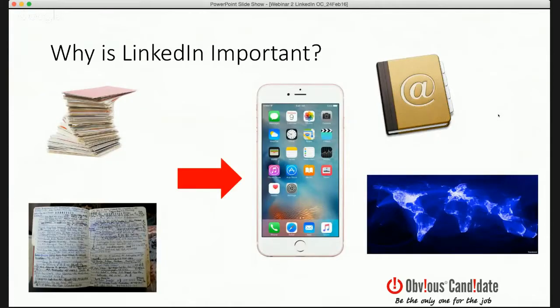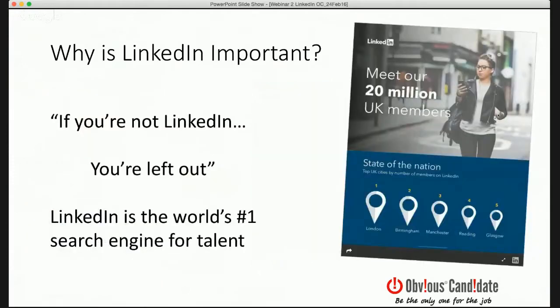So luckily, we've gone from that scenario now to where things tend to be fairly electronic. We've got electronic address books, and we're all pretty connected around the world. And LinkedIn is really important because it's now got so many of us on board. It really is the world's number one social networking site for business. And you see here from the graphic on the right that this is LinkedIn announcing just in the last month, now you can meet our 20 million UK members.